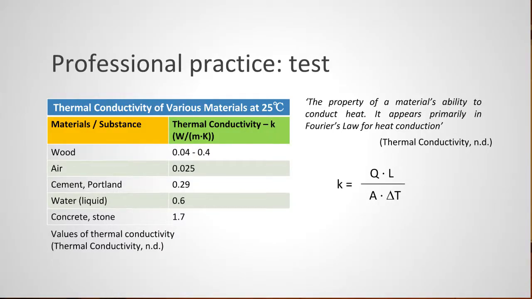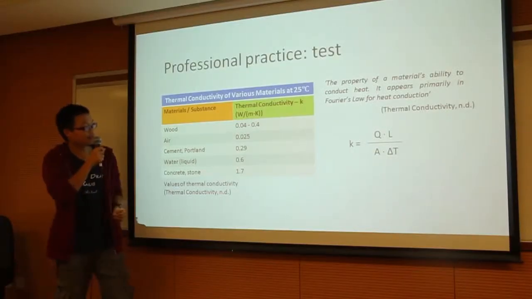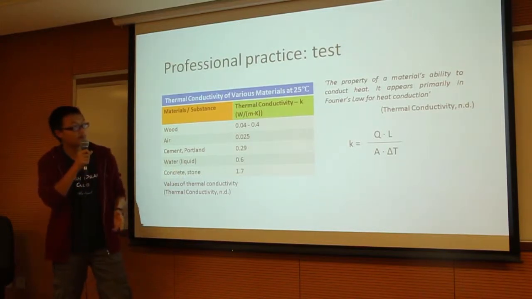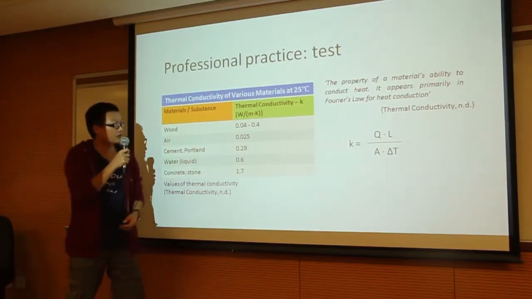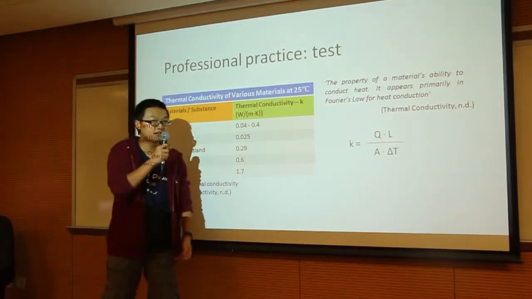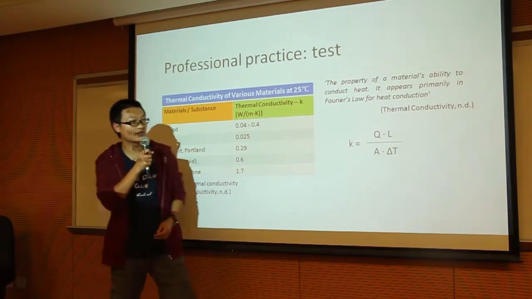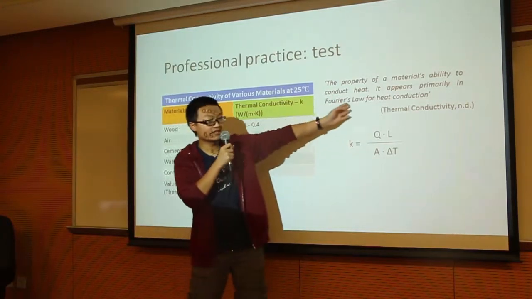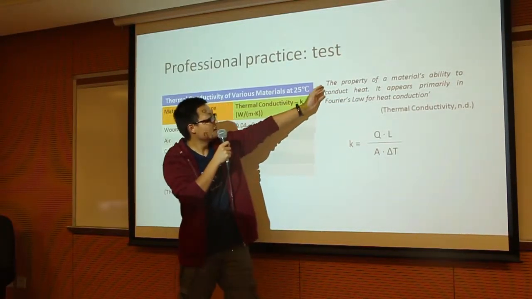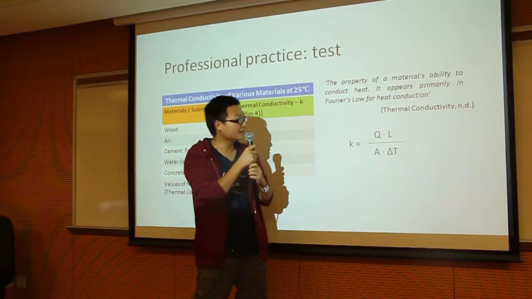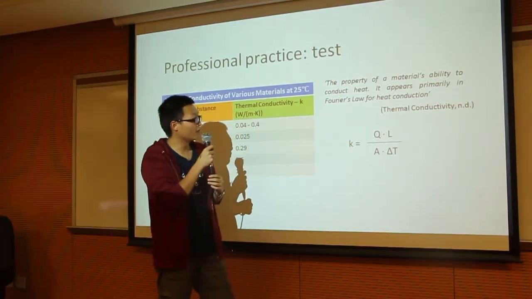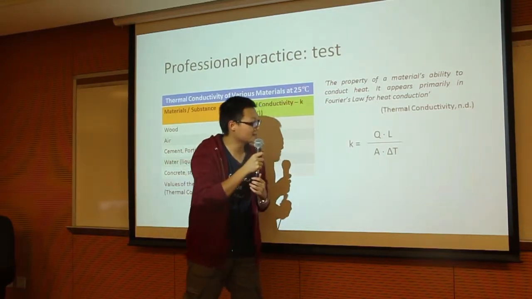Apart from the tests listed before, there is another important element for the materials test. It is called the thermal conductivity of various materials, and the definition of thermal conductivity can be seen from this site. It is the property of a material's ability to conduct heat, and it appears primarily in Fourier's law for heat conduction.